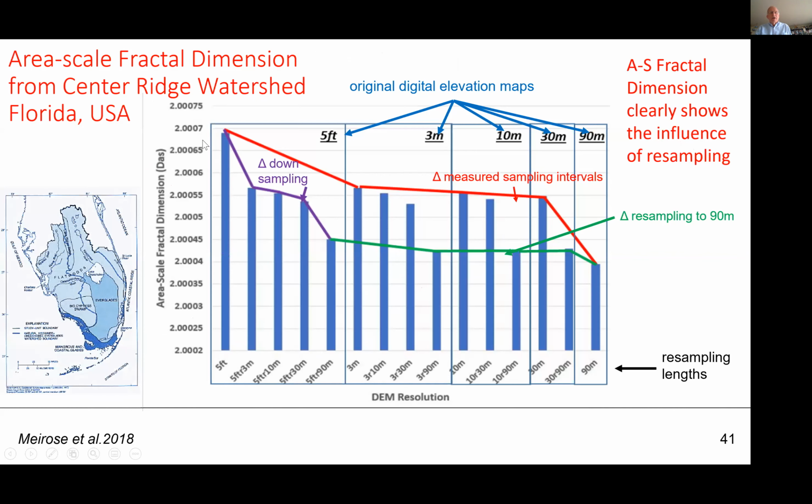So here's, again, some work on geography in Florida, and we're comparing different measurements here to show how the area scale analysis can tell the difference between different measurement techniques of the same topography. And so the area scale changes.